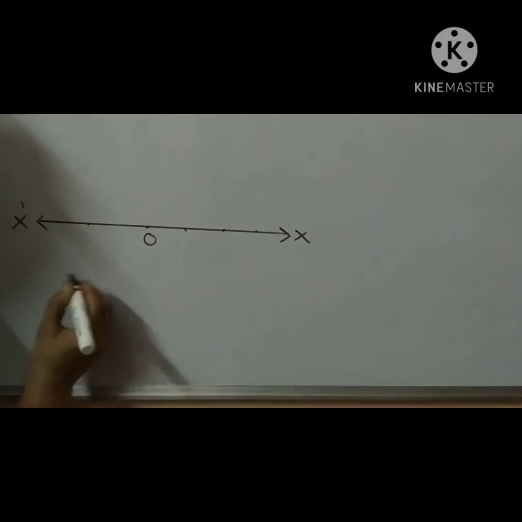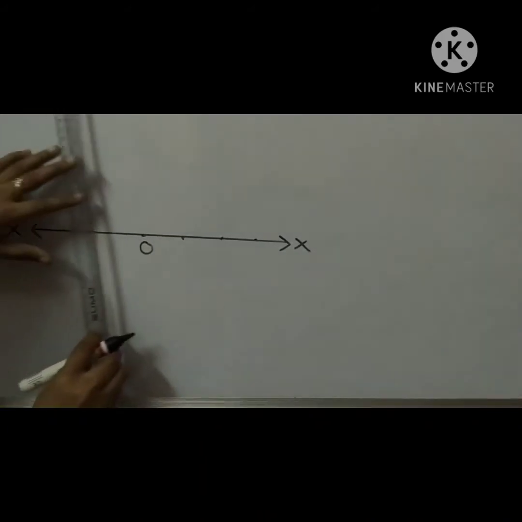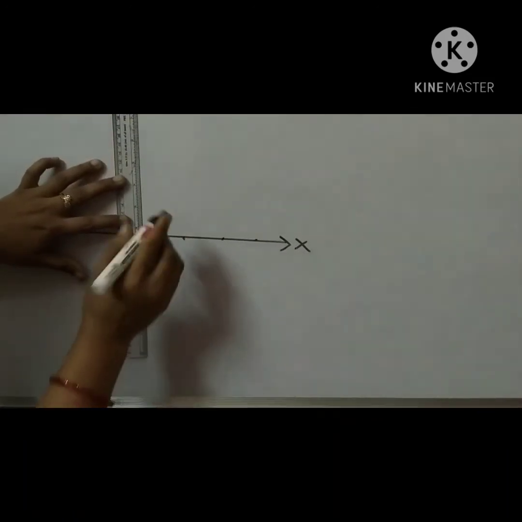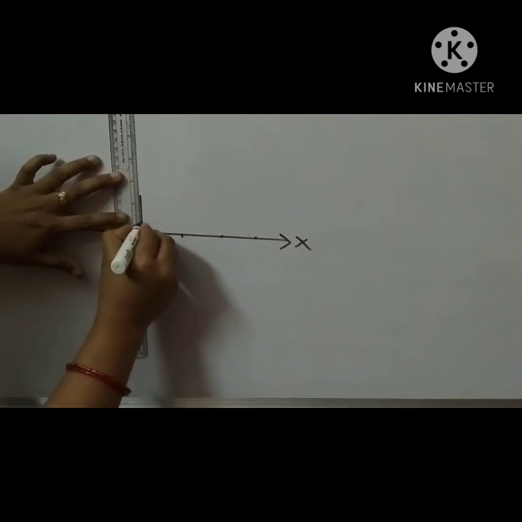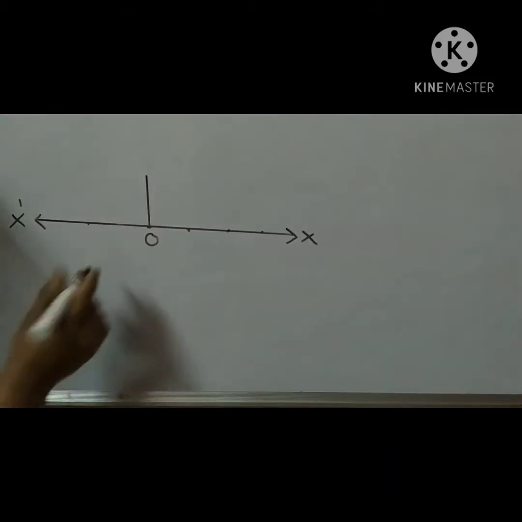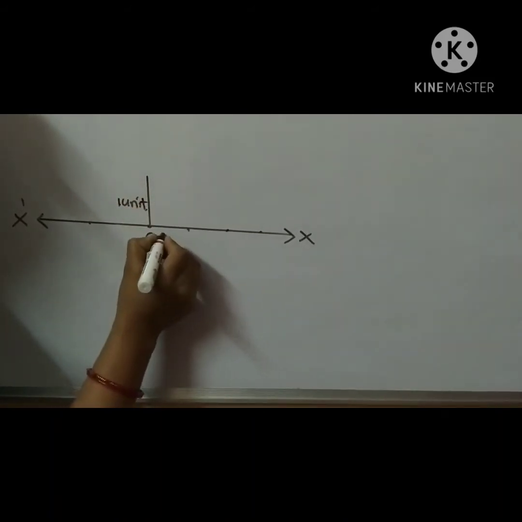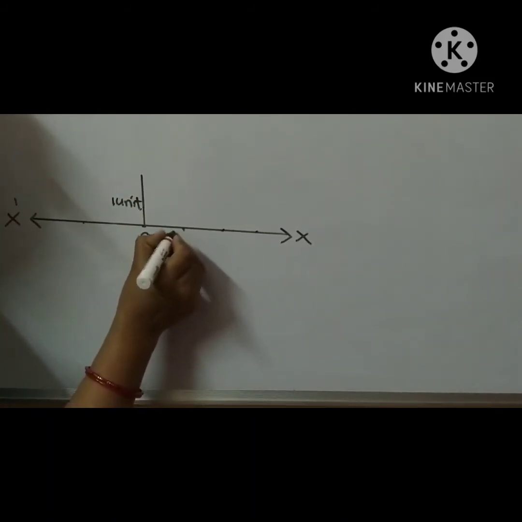Okay, children. Then you draw the perpendicular line at O. In this case also, the distance is 1 unit.